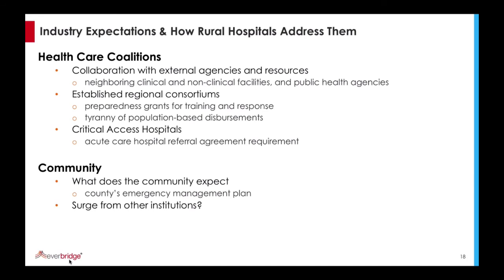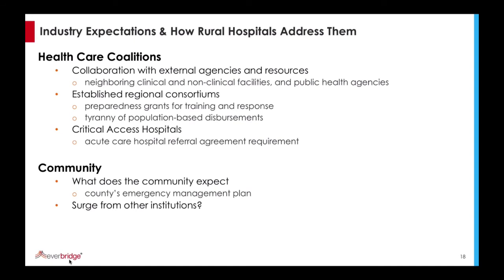The collaboration with external agencies and resources, whether they're clinical or non-clinical, the typical fire, police, public health agencies are all important, and we'll talk more about that in planning later on today. But there are established regional consortiums in every part of the country. CMS does a nice job in publicizing those on its website.